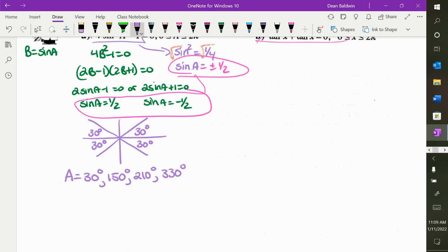Okay, we have to write them in rads though, because they want the answers in rads. So what's 30 in rads? Pi over 6. What's 150?